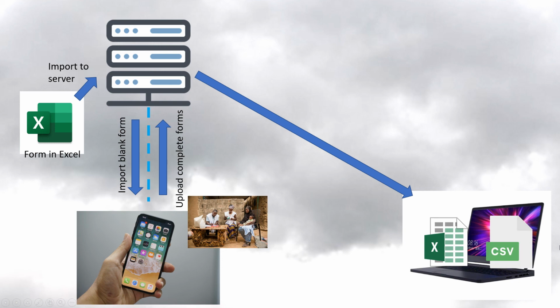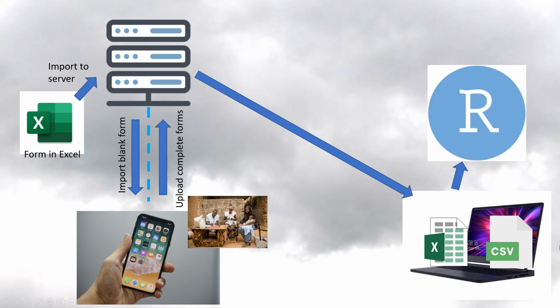Okay? After that, you can do clever stuff in R. You can analyze and clean the data, right? In addition, and this is another thing I'm going to be going over, you can directly access the server using your R script. So you just completely bypass having to download anything, it just does it.